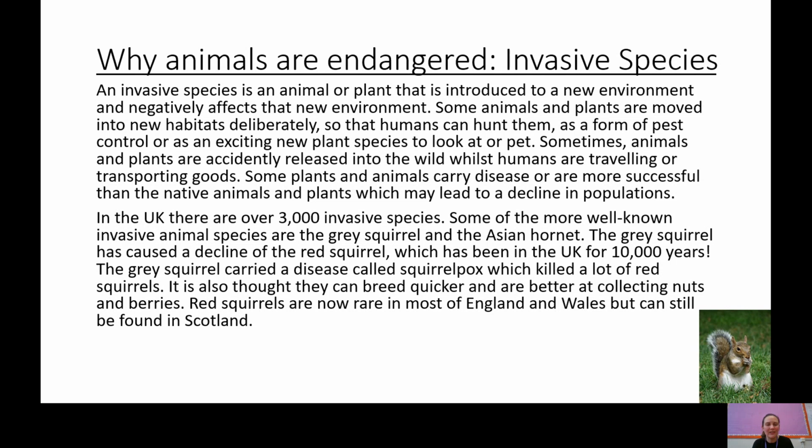The grey squirrel carried a disease called squirrel pox, which kills a lot of red squirrels. It is also thought that they can breed quicker and are better at collecting nuts and berries. Red squirrels are now rare in most of England and Wales, but can still be found in Scotland.